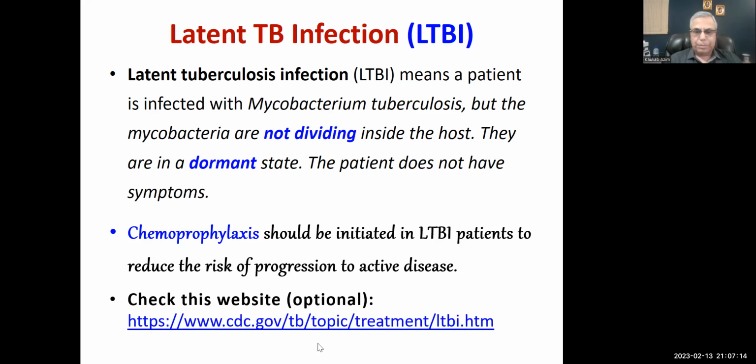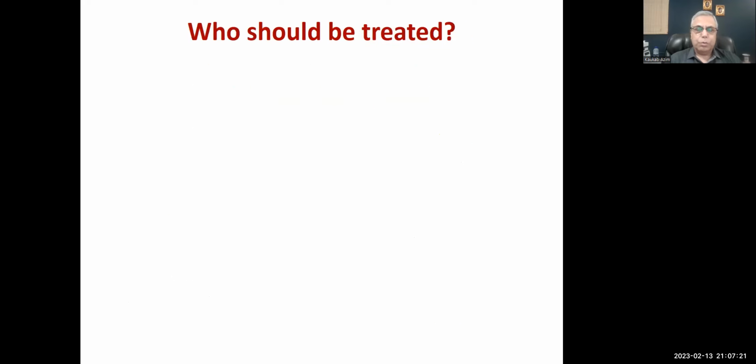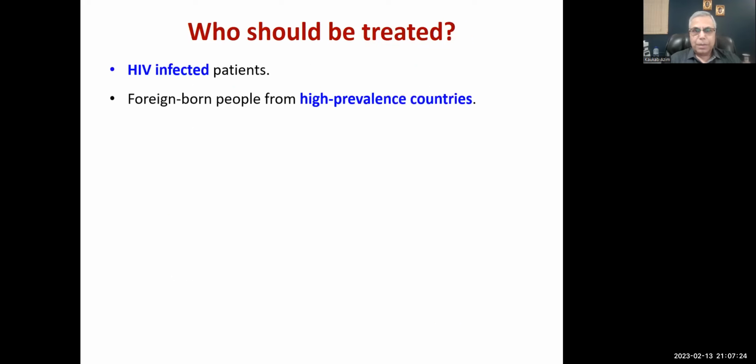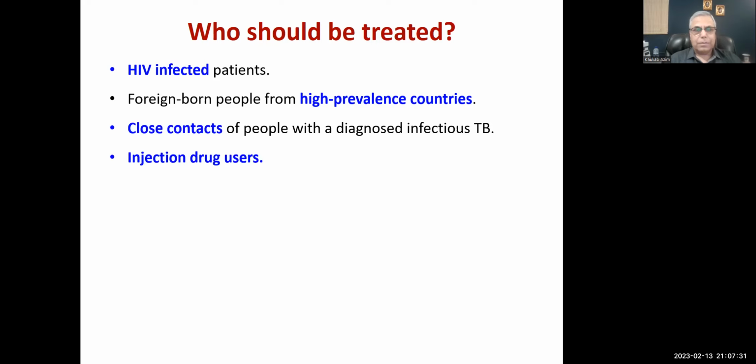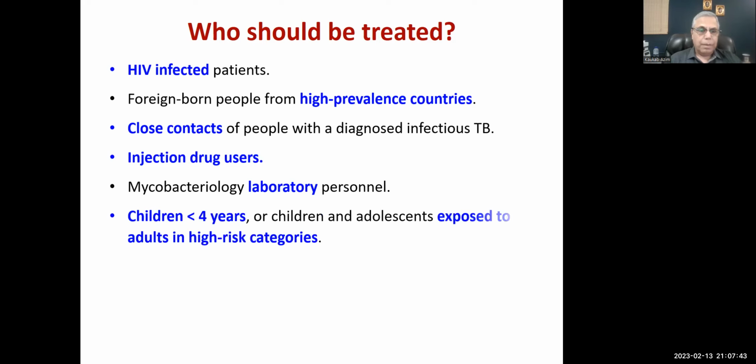Okay, so this is a website which will give you more details of treatment. If you want, you can refer to this website. So who should be treated? HIV patients, immigrants from high prevalence countries, okay? And then close contacts of patients infected with tuberculosis, drug users, laboratory persons who are culturing the bacteria or testing the sputa, then children under 4 years of age or adolescents exposed to high risk, not patients.